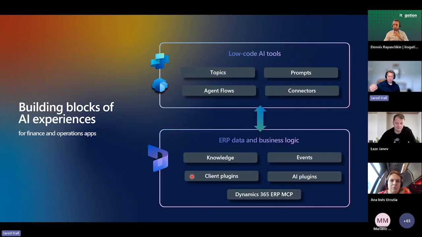A client plugin is used within the context of the sidecar chat panel in F&O, where this is capability that we're adding in AI to be invoked by our AI agent, but is invoking X++ that is applicable within the context of our client application. So we can do things like navigate through the application or filter a list or perform other operations within the client from natural language in that chat because of that invocation of code from our client plugins.